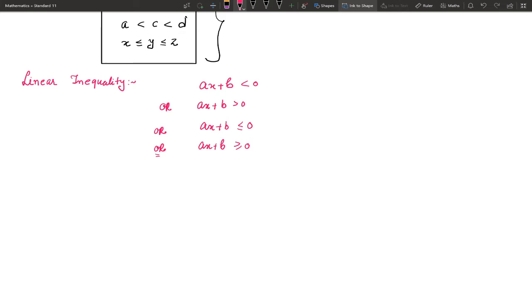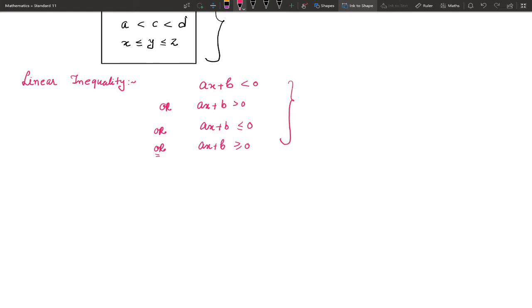These inequalities are known as linear inequality in one variable. Here the variable is only one, that is x. If there are two variables, say x and y... linear means power is 1. Due to linear, power is 1 and only one variable x is there.